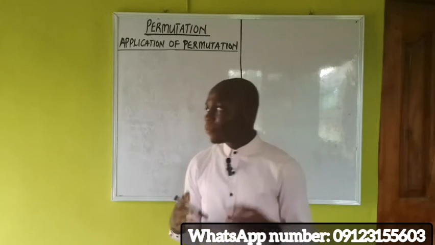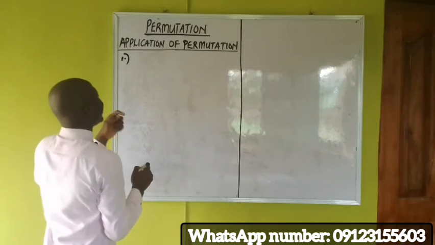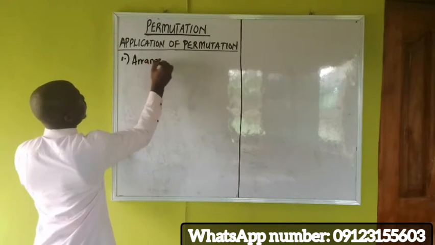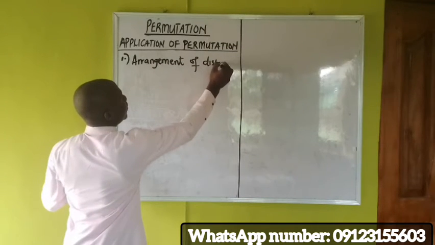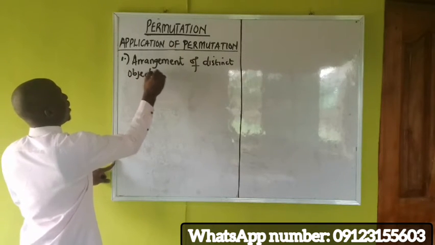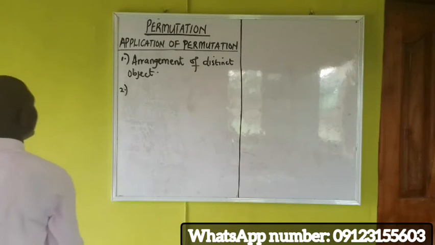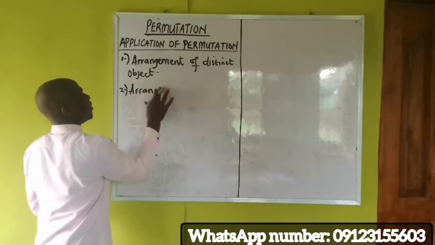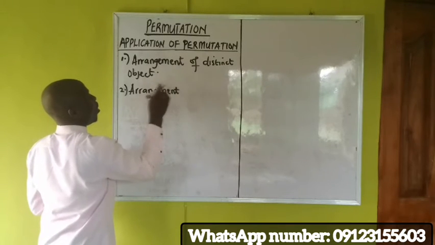First, we have number one, the arrangement of distinct objects. Number two, I have arrangement of repeated objects.